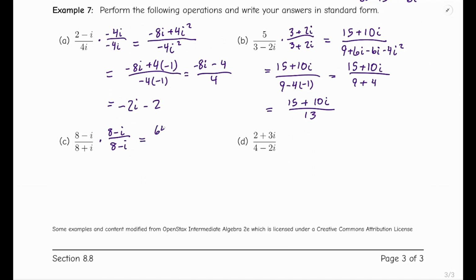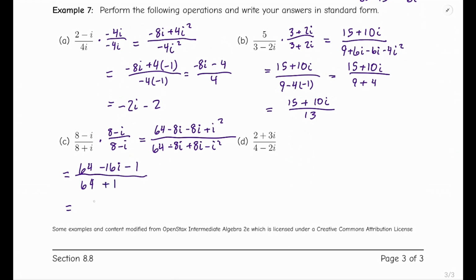So we get 64 minus 8i minus 8i plus i squared on top, and 64 minus 8i plus 8i minus i squared on the bottom, which then becomes 64 minus 16i minus 1 all over 64 minus negative 1, which is plus 1, and then that simplifies to 63 minus 16i all over 65.